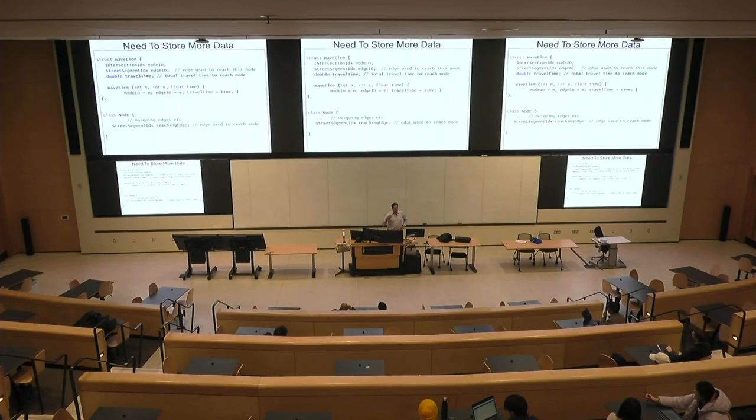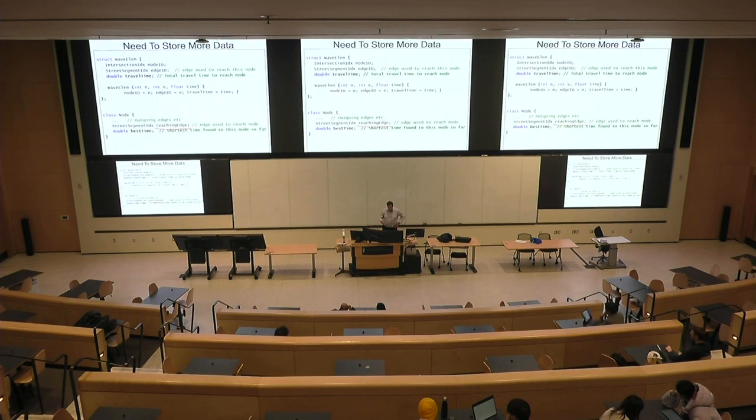And I also have to store a bit more information, or a bit different information, in my node. And remember, my node data structure is information that I'm going to store for every single node, every single intersection in my graph. So I've already been storing the ID of the edge that I used to reach you. But I'm also going to store the best travel time that I've ever seen to you.